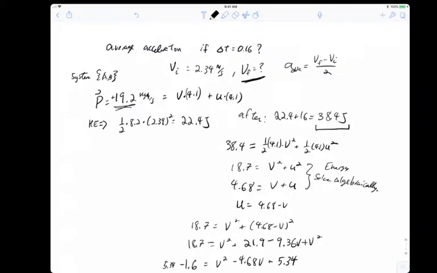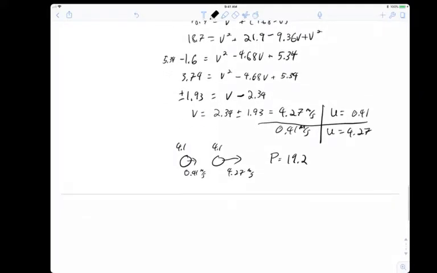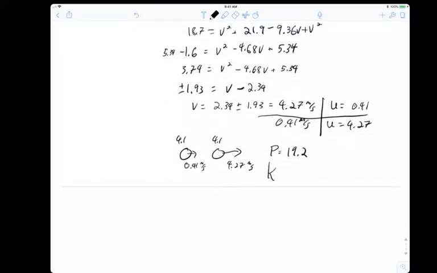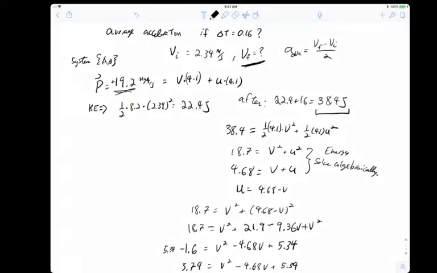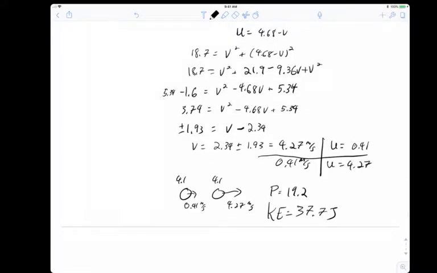Yay! And the total kinetic energy of the system is 0.41 squared plus 4.27 all squared times 4.1 divided by 2, which is 37.7 joules, which is pretty close. Sig figs. Okay, so good enough.